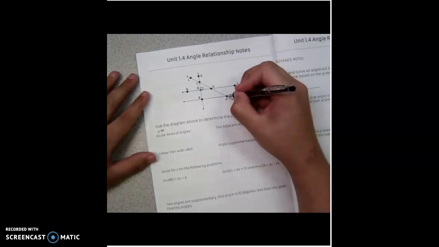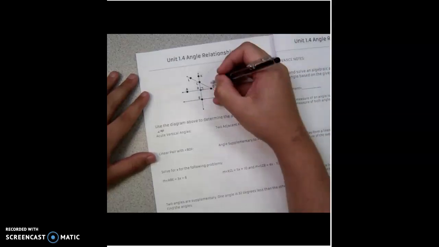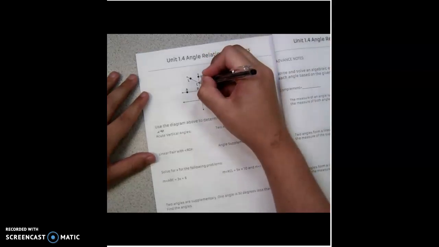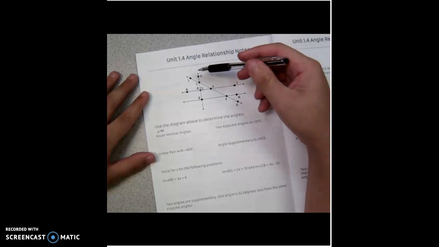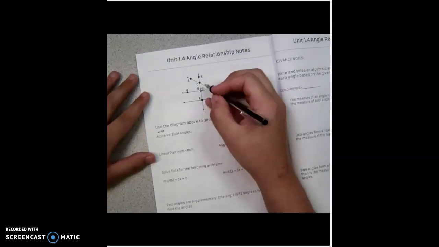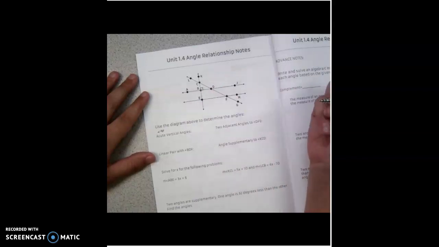They intersect at point F, they intersect at point D, and they intersect at point C. We can see at these points we have some acute angles. They also intersect at B and E, but if you notice, B and E are perpendicular, so we don't want to use those for this part of the assignment.